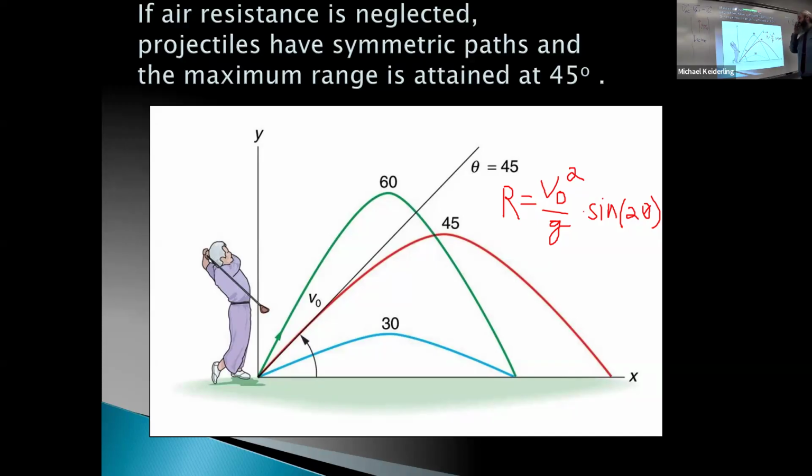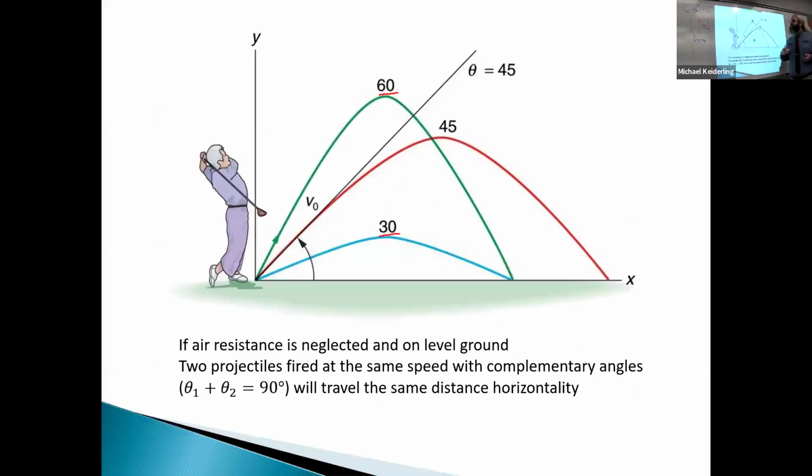Another aspect of this is that two projectiles fired with the same speed at complementary angles, that's angles that add up to 90 degrees, will travel the same distance horizontally.